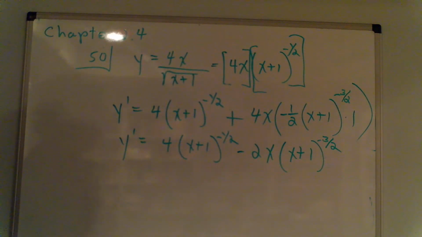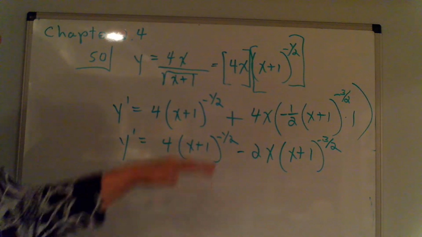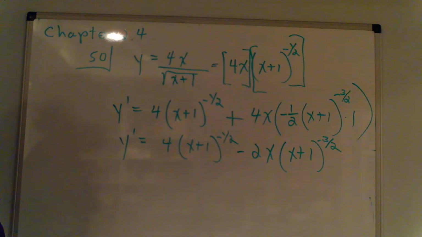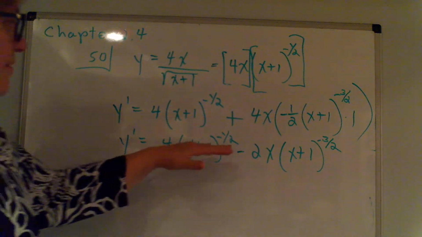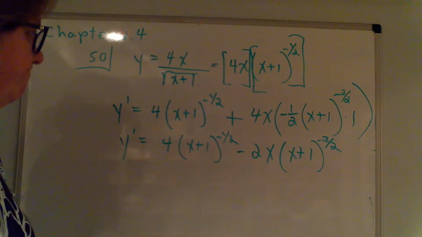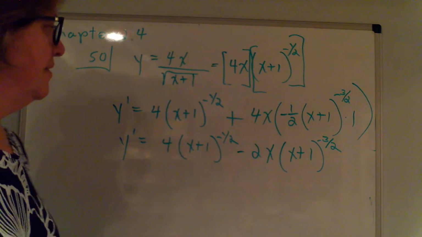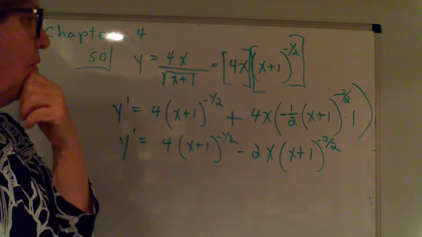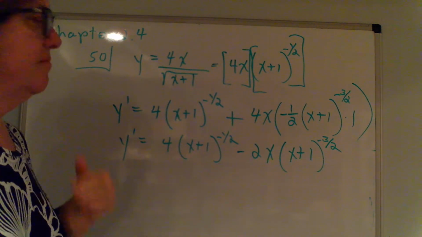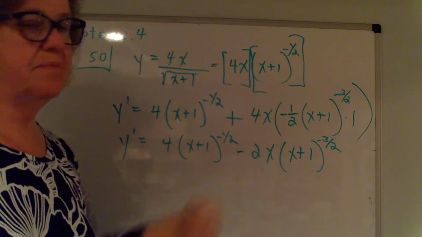Now you've got two choices to make here. We could put all this together in one fraction by getting a common denominator, or we could just take the derivative of each piece.